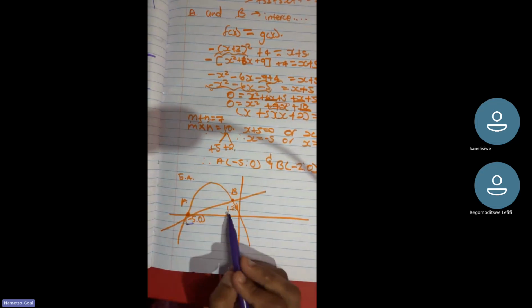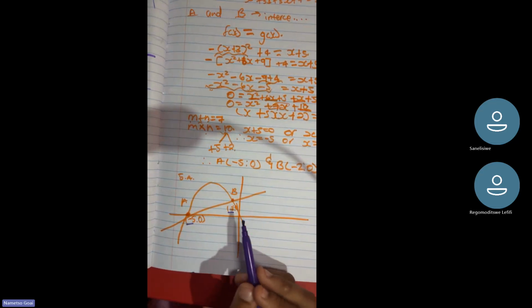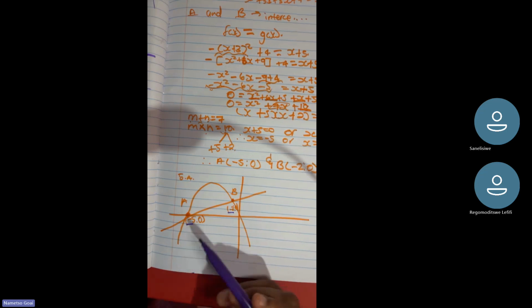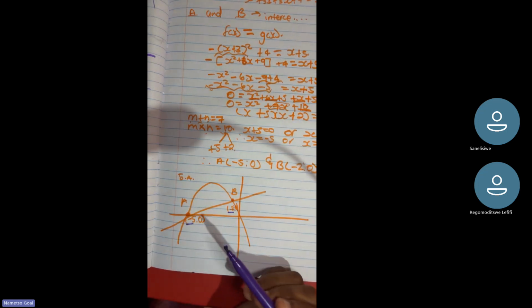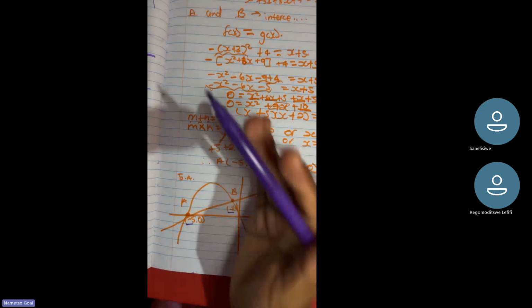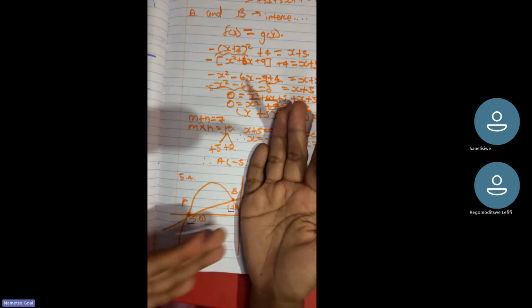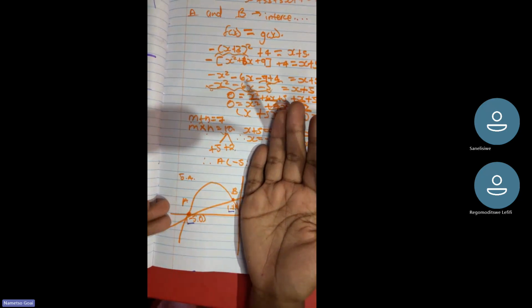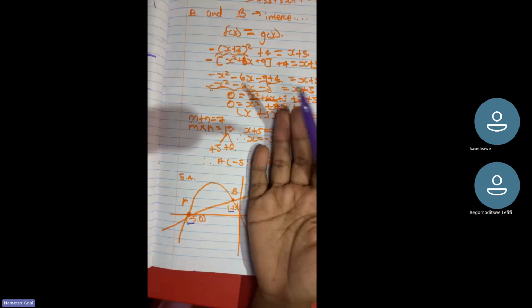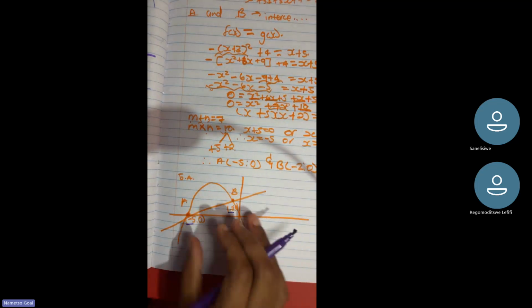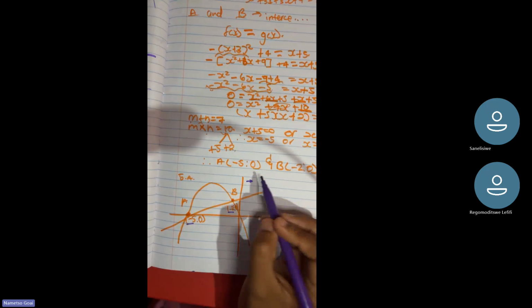Because when we look at this, this is the negative, this is the negative, right? So at the current moment, we have two negative roots, right? Because our graph, it's all based on the negative x-axis. So these two there are our negative roots.